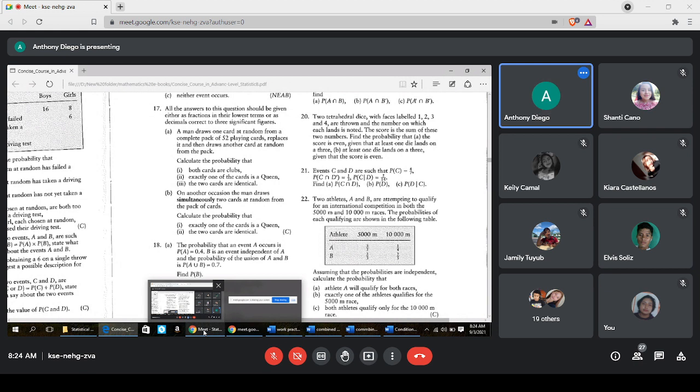So draw the possibility space. And remember, they're asking about score. The score is the sum of these two numbers. So if a 4 pops up on one tetrahedral die and a 3 pops up on the other, that will be a score of 7. Right? The score is the sum of both.